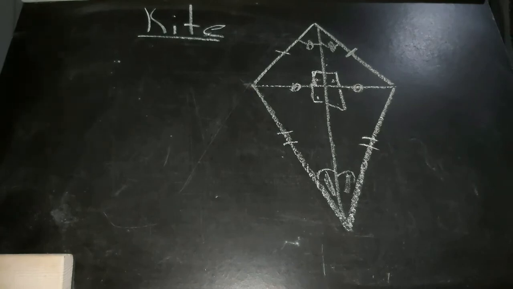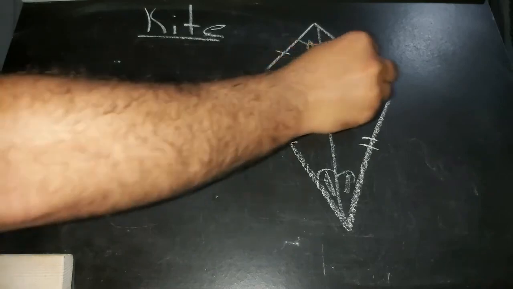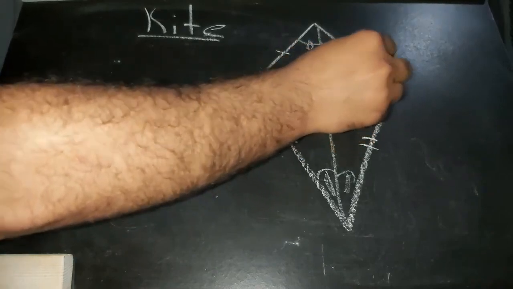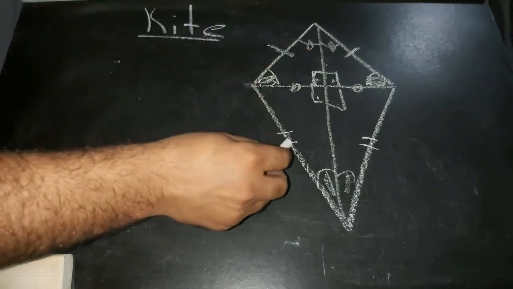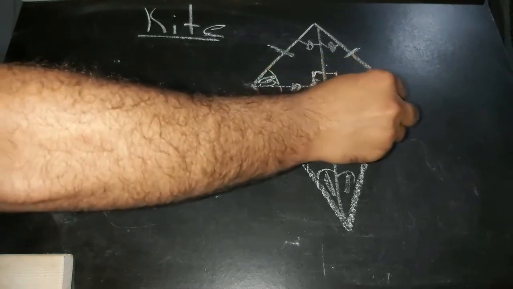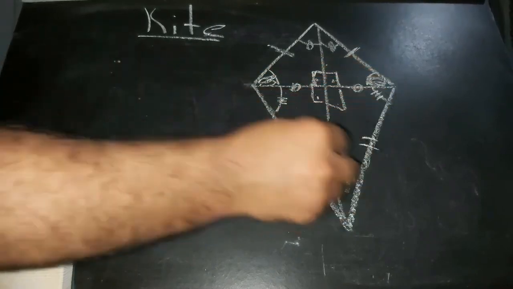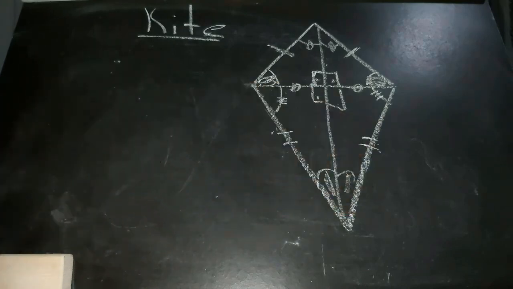And the next property, this angle and these angles are the same too, because of isosceles triangle. And from there, this angle and these angles are the same too because of this isosceles triangle. Right, now let me solve a few questions for you and then finish our lesson.